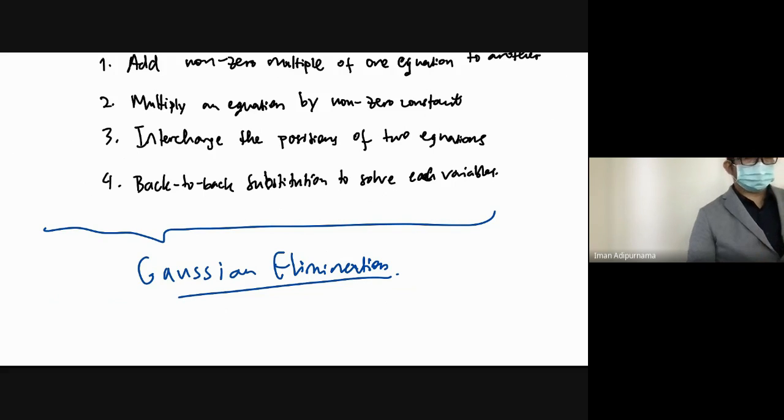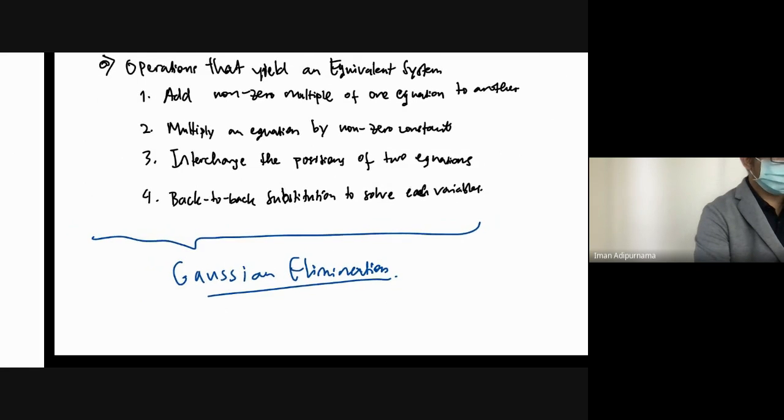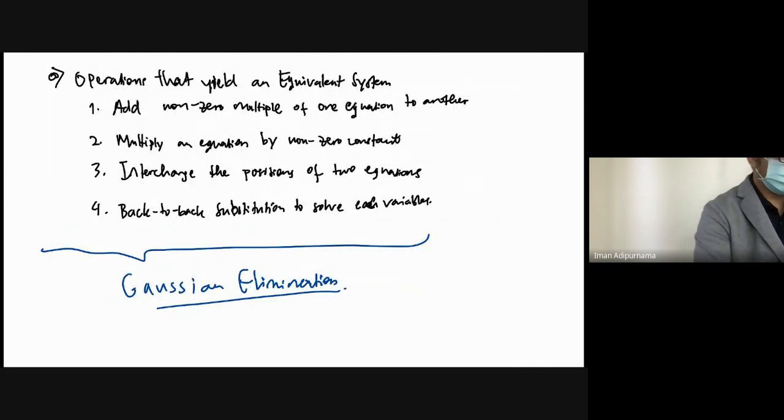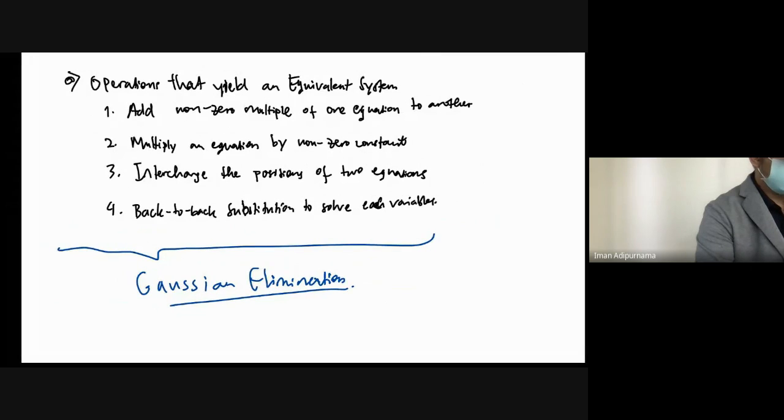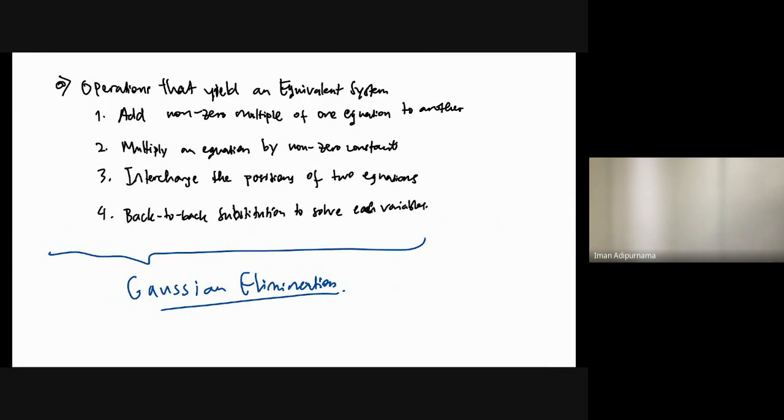Let me give you an example of how we can solve this system using Gaussian elimination. In this section, we are not only talking about x, y. In the previous example, 2x minus y equals 5, 3x plus y equals 7, we tried substitution and elimination, made some calculations, and got the solution x and y.